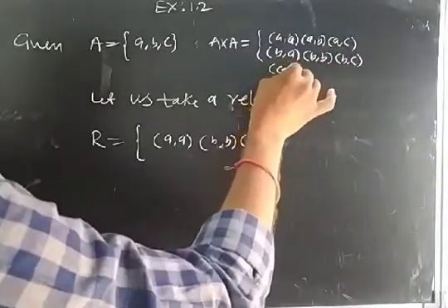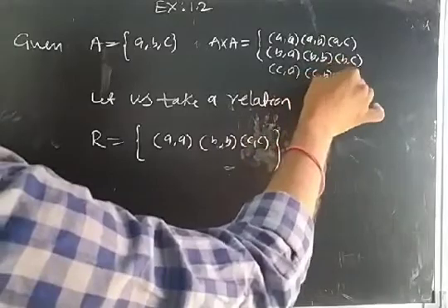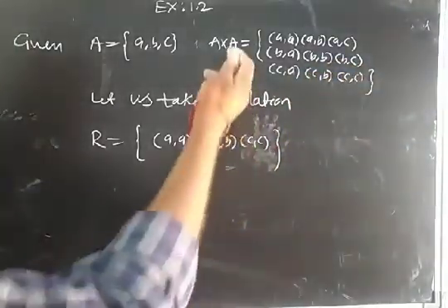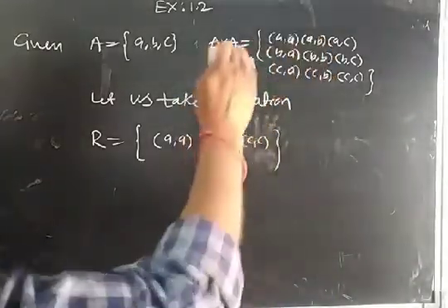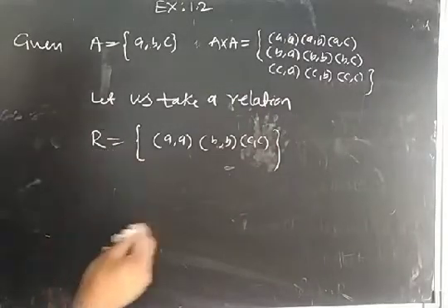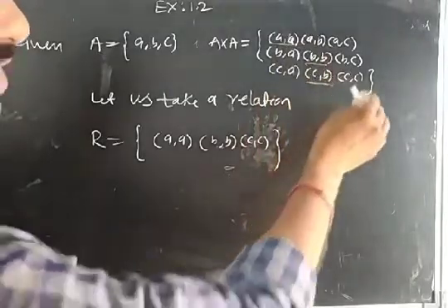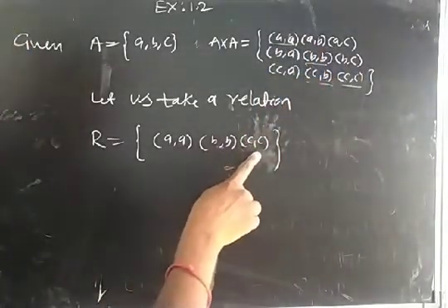Next, by keeping C as the first element: (C, A), (C, B), (C, C). These are the elements in A cross A. So how many elements? 9 elements exist. How many relations are possible? 2 power 9. Among that, I am taking one relation with these three ordered pairs: (A, A), (B, B), (C, C).